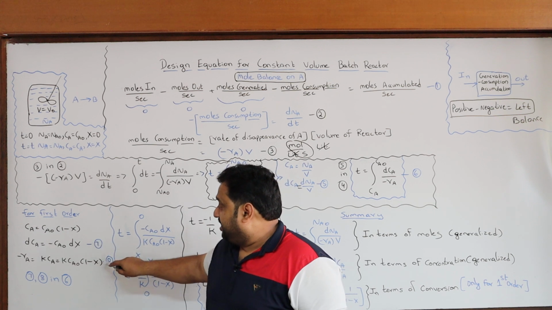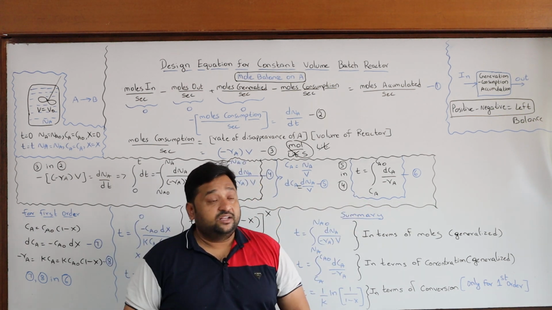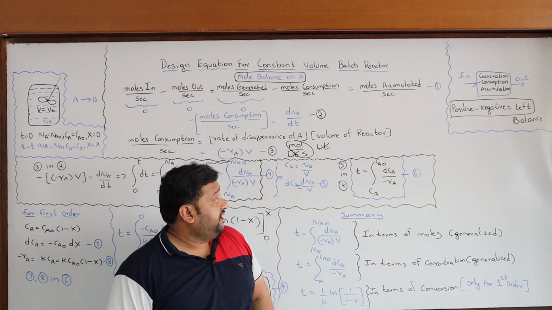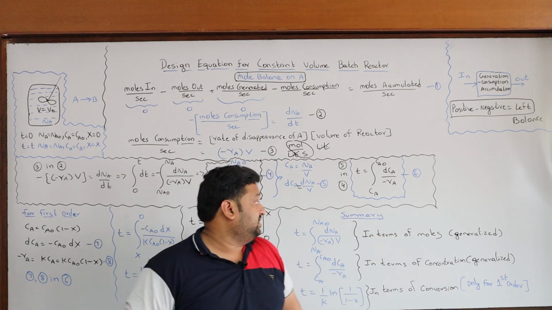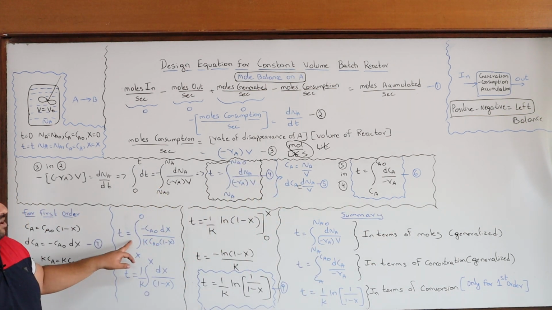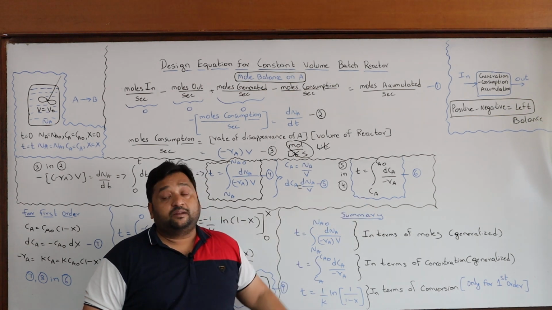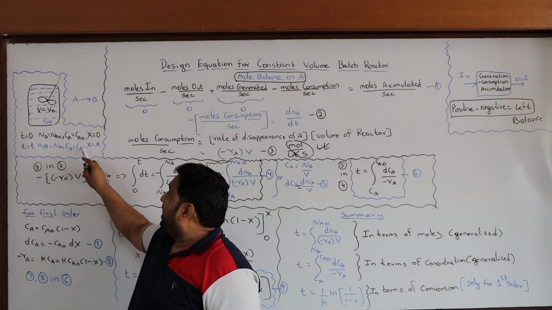Now put 7 and 8 in equation 6. In place of dCa, substitute this. In place of Ra, you substitute kCa0 into 1 minus x, that is what we have taken. Limits: at time t equal to t, Na equal to Na, Ca equal to Ca, x equal to x.